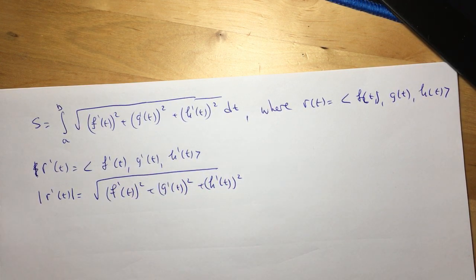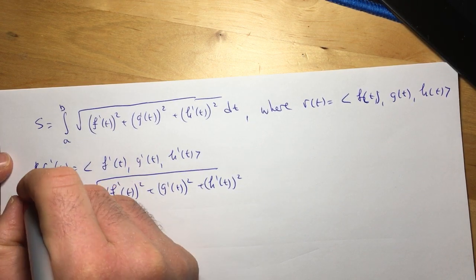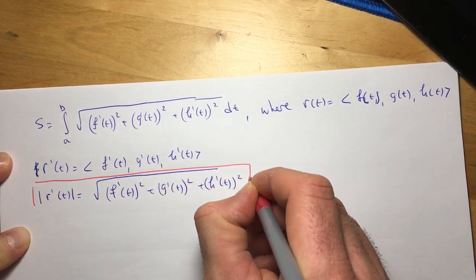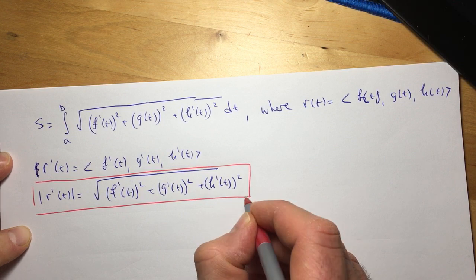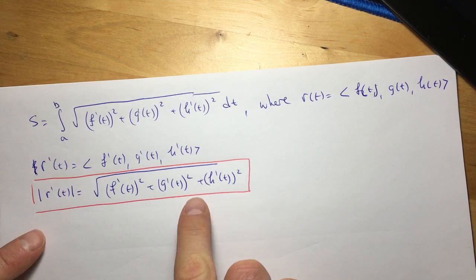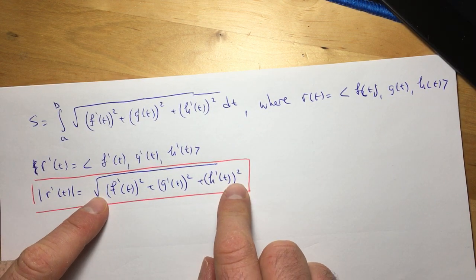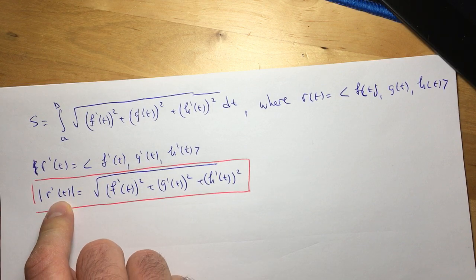Okay. Now notice this. Notice the definition of this expression is the magnitude of the derivative vector, okay?